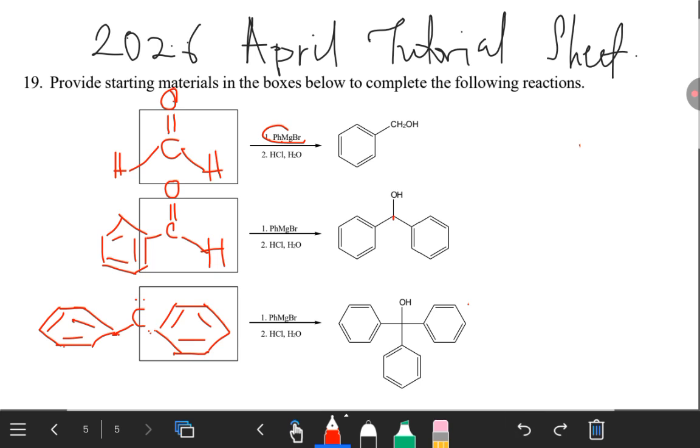Then we should just have a carbonyl group, no other hydrogen. So this was actually the starting material. So this is about the Grignard reagent.